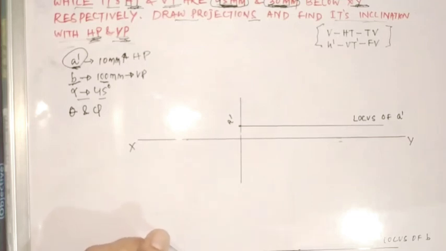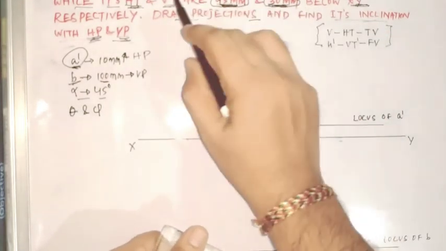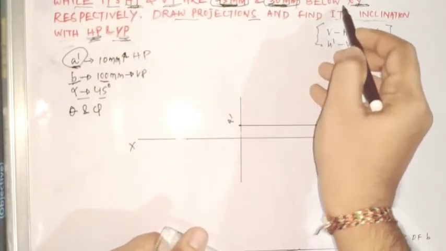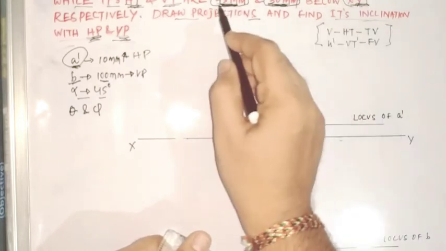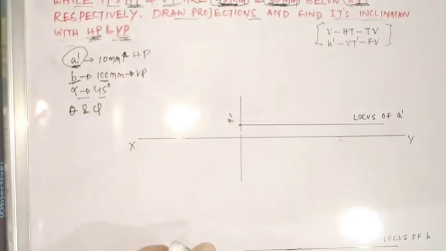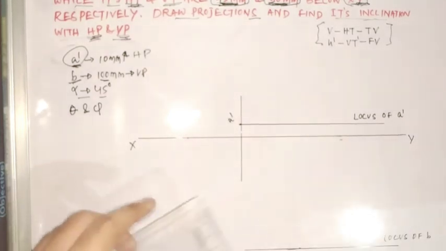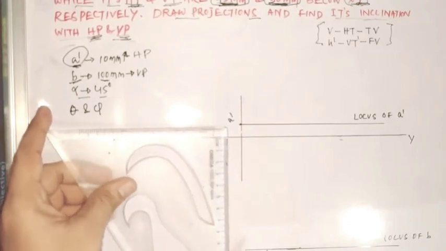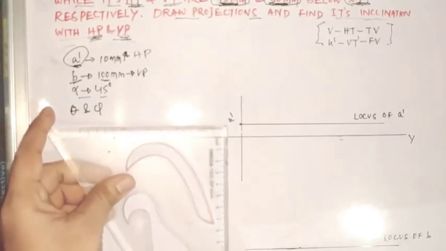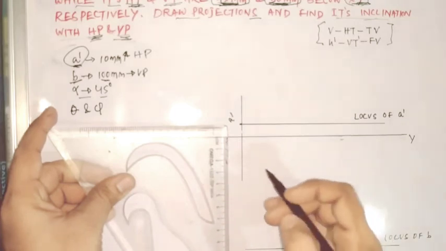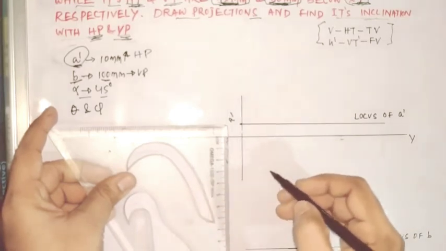So next data which are given, that is horizontal trace is below your xy line, that is given as 45 mm. So below the horizontal line, that is reference line, we can say. Let me draw another horizontal line that will be at 45 mm, so that in that line we'll be getting our horizontal trace.